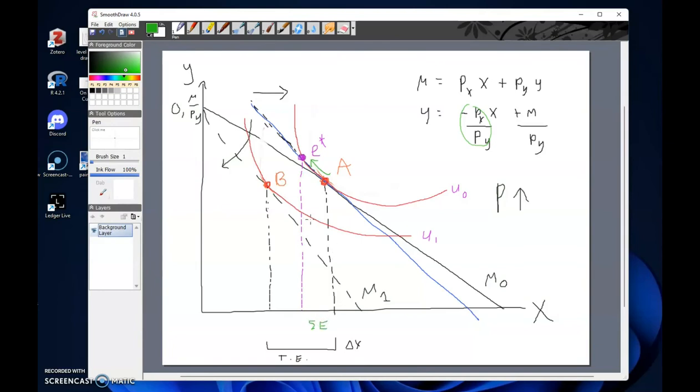Now, if we want to describe how we got from point E to point B, that would not be any movement along any utility curves. Actually, that would be a shift in this blue line that I drew. I'm going to call that M2. This hypothetical budget constraint we created shifts from there back to where it's tangent, somewhere along here.